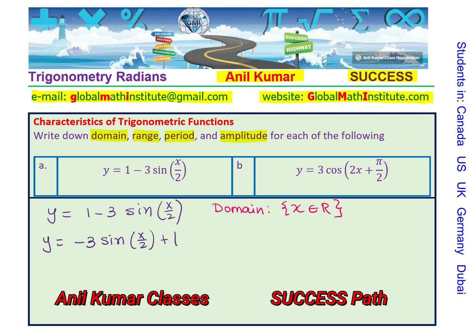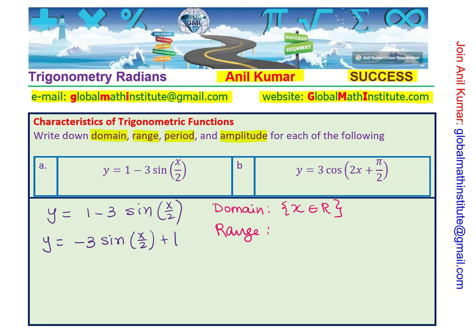There are no restrictions. Now, how do you find range? To find range, what we should do is find the axis and amplitude. That will help us to find the range, right? So, if this is the axis, in this case, the axis is 1, so it is y equals 1.